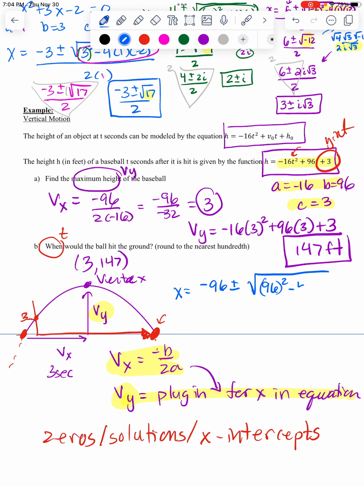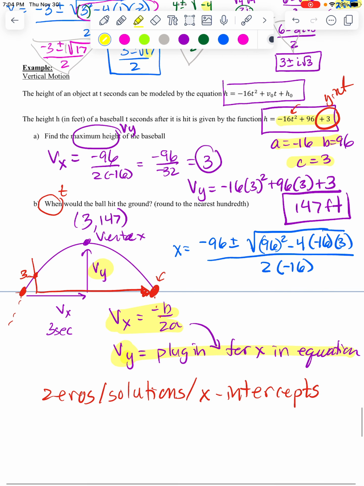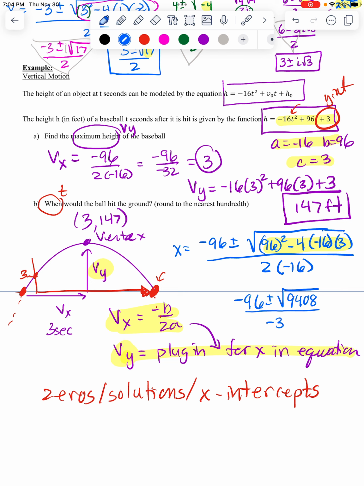And then the formula says to take away 4 times a times c all over 2 times a. Whew, that's a lot. So bust out your calculator and type this whole thing in. And you should get 9,408. And then on the bottom, 2 times negative 16 is negative 32.